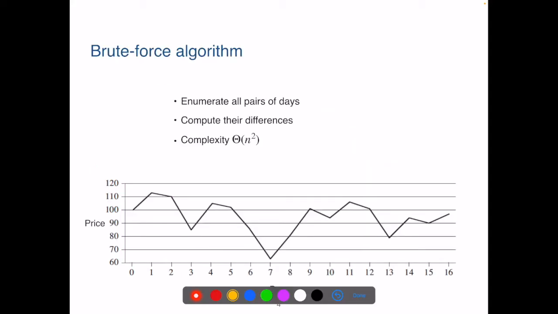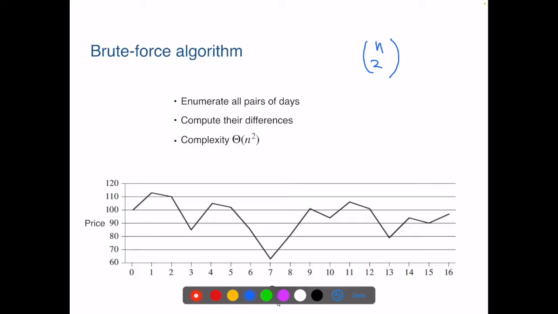So the problem seems to be more challenging than we thought. What is a naive brute force algorithm? We can enumerate all pairs of buying and selling days, where the buying date precedes the selling date. A period of n days will have n choose 2 such pairs.